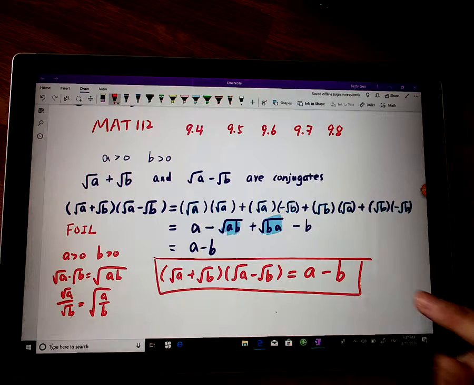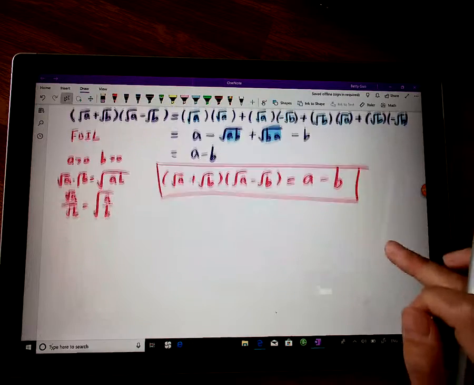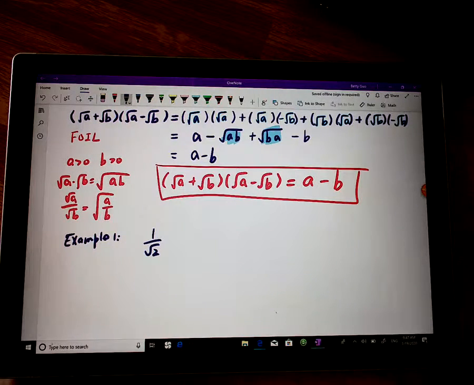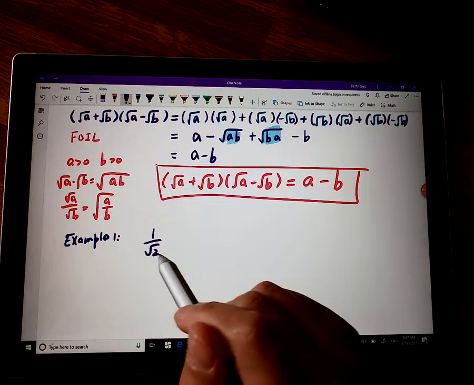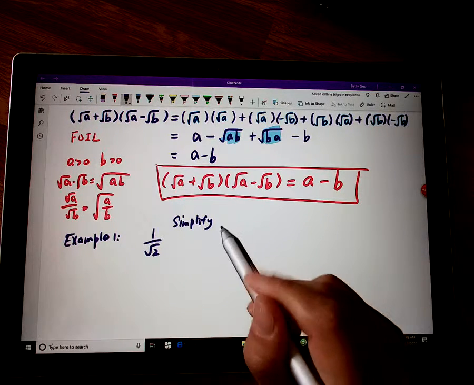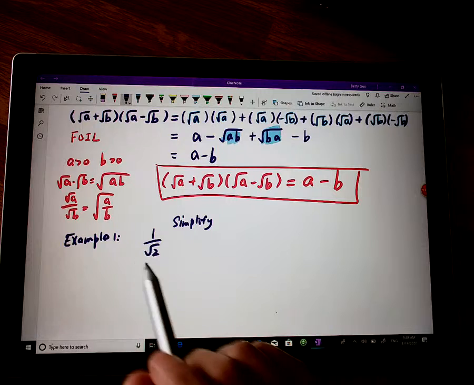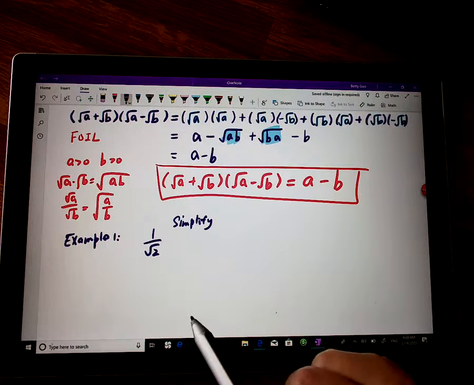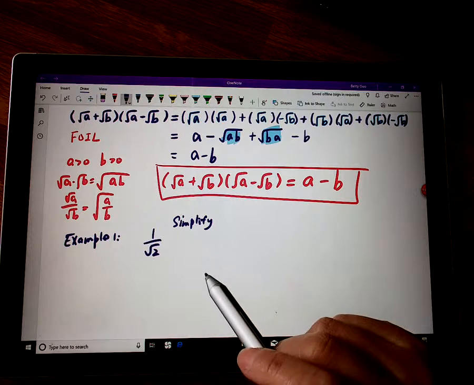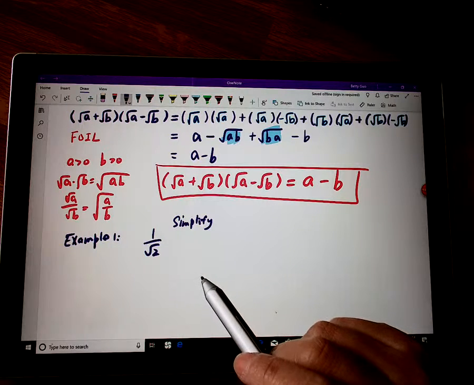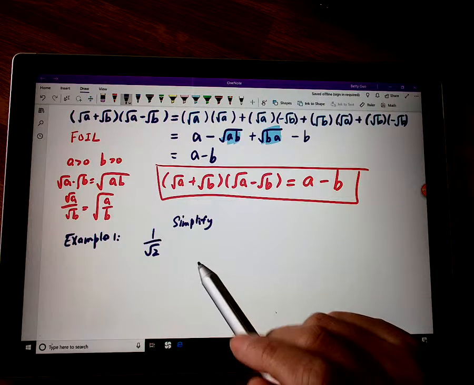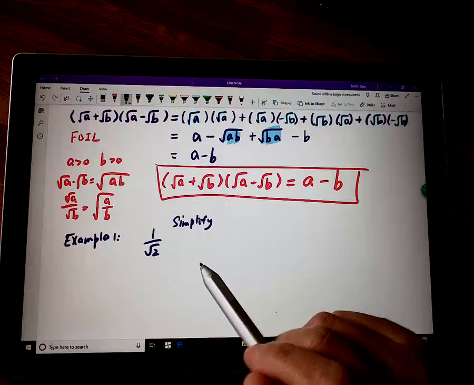So let's look at two examples. Example 1. The requirement of this problem could be: simplify the given radical expression. The same as before, when we talk about simplifying an expression, we need to know the criteria for an expression to be simplified.